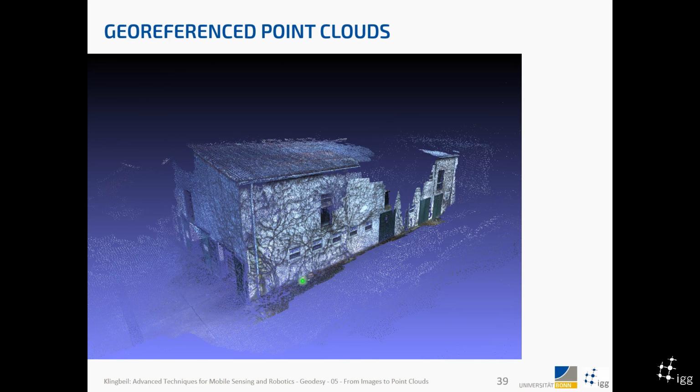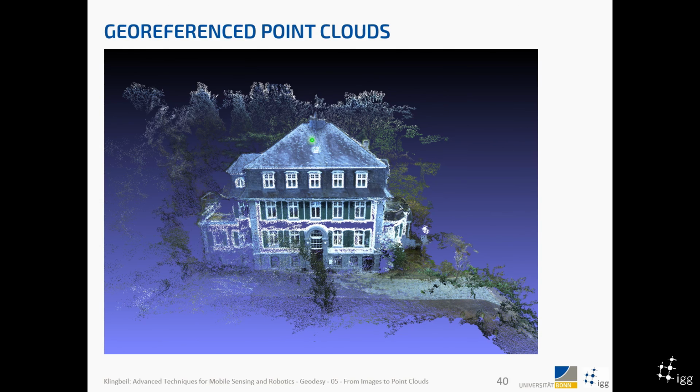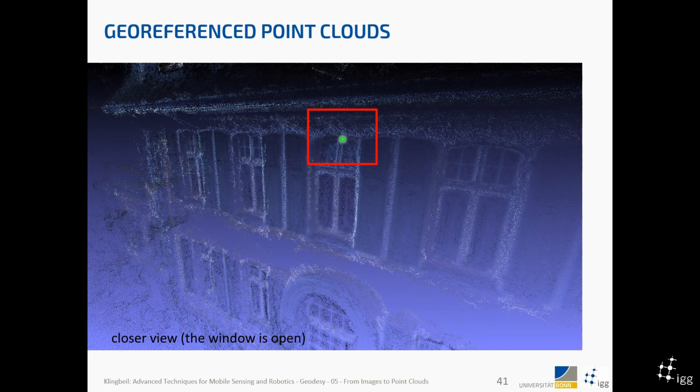This is a point cloud as a result from that software pipeline. Each of the points has a global coordinate, and that was the result back then. This is the building where we flew, and this is the point cloud. And here you could even see, if you look a bit closer, this window here is open, right?